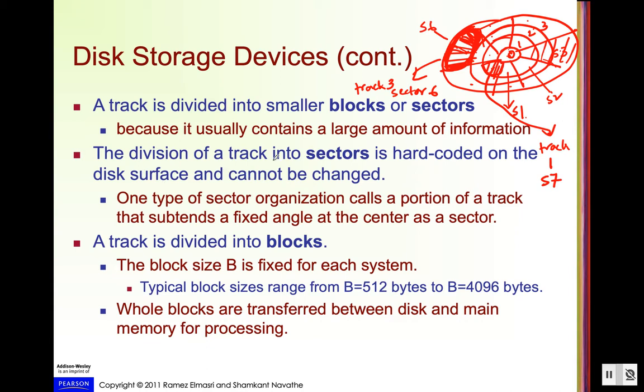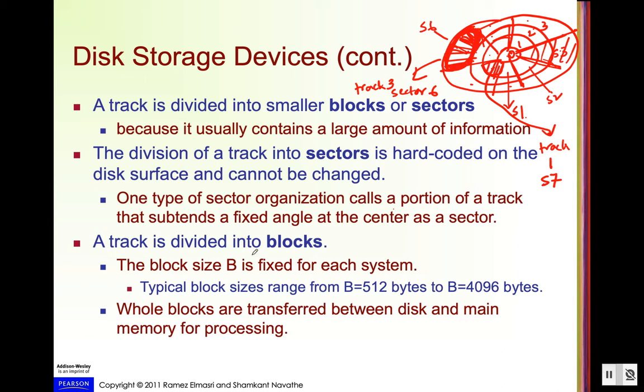This division of the track into sectors is hard coded and cannot be changed. Sometimes it is done by the manufacturer, who hard codes this division of a track into sectors. One type of sector organization calls a portion of a track that subtends a fixed angle at the center a sector.